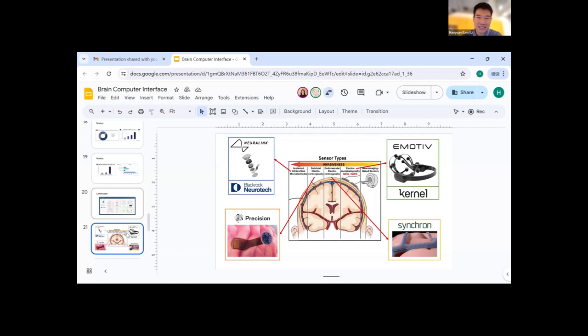The next one is the subdural electrocorticography, where you still need to open your skull, but the electrodes are like a patch that is put on the surface of your cortex. And the third one is the endovascular electrocorticography. This way is even less invasive because you don't need to open your skull.